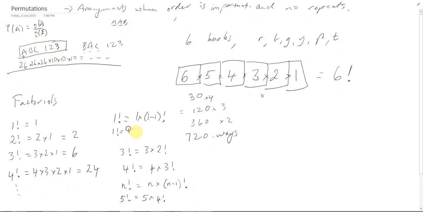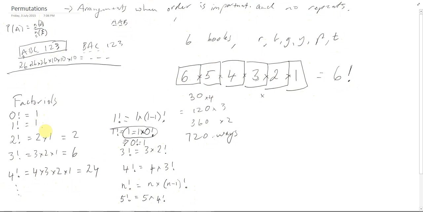So 1 equals 1 times 1 minus 1, which is 0 factorial. But this is interesting: 1 equals 1 times 0 factorial. In other words, we must have 0 factorial being equal to 1. Otherwise, this will not work. So 0 is a key point. 0 factorial is actually equal to 1 as well. It's not equal to 0, it's equal to 1.